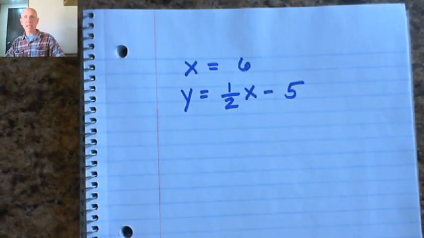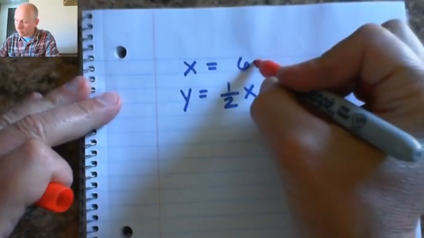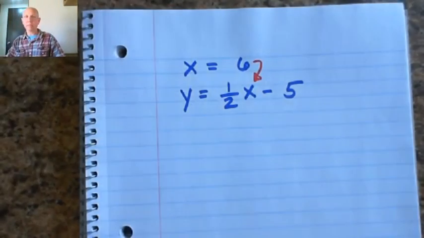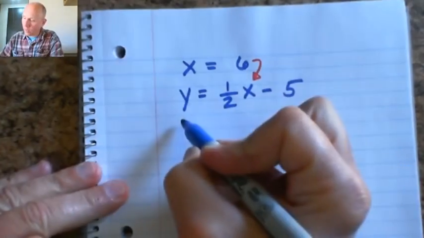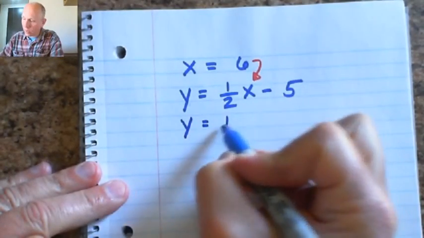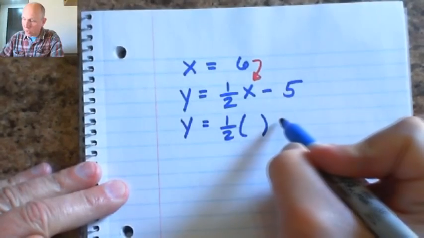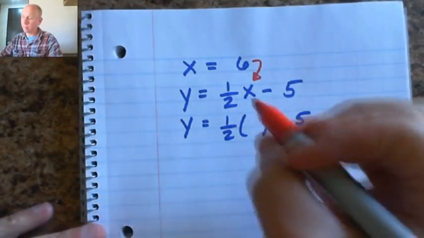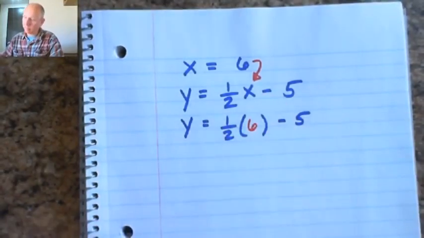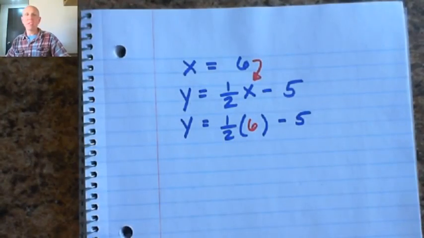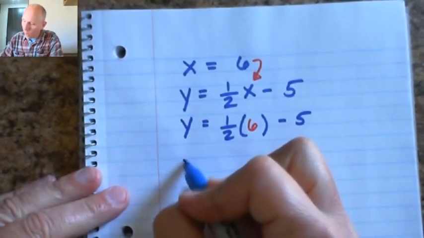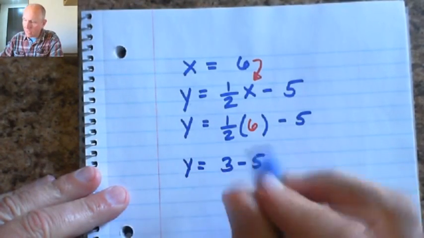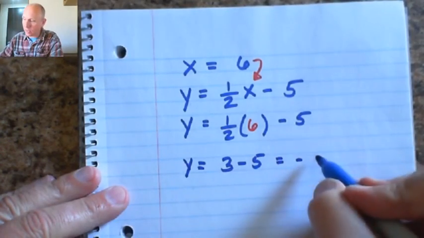I'm going to take that x and plug it in, and see what comes out. So I have y equals 1/2 x, I'll put the x right there, minus 5. This is half of 6, which is 3. So I have y equals 3 minus 5, and 3 minus 5 is negative 2.